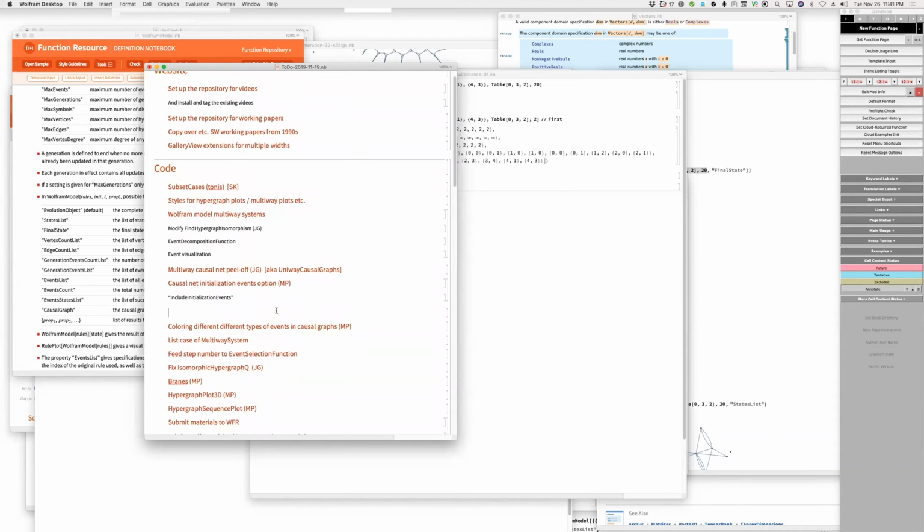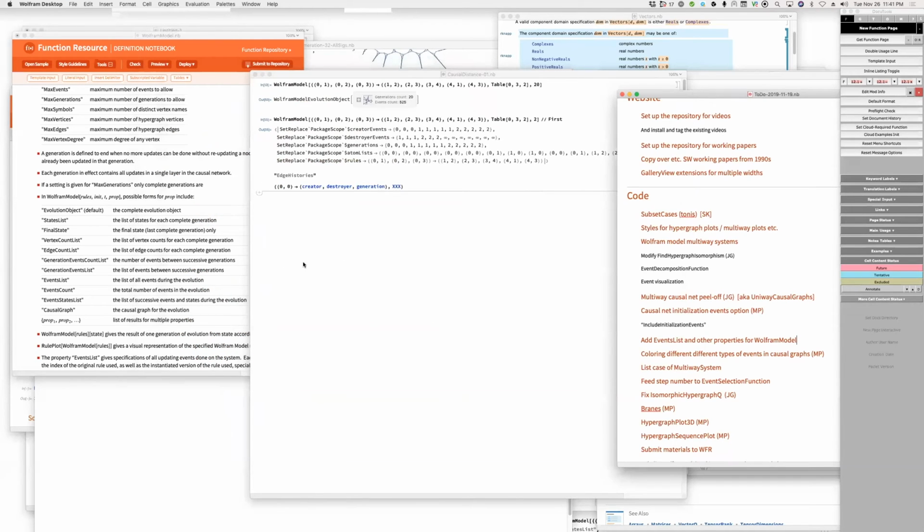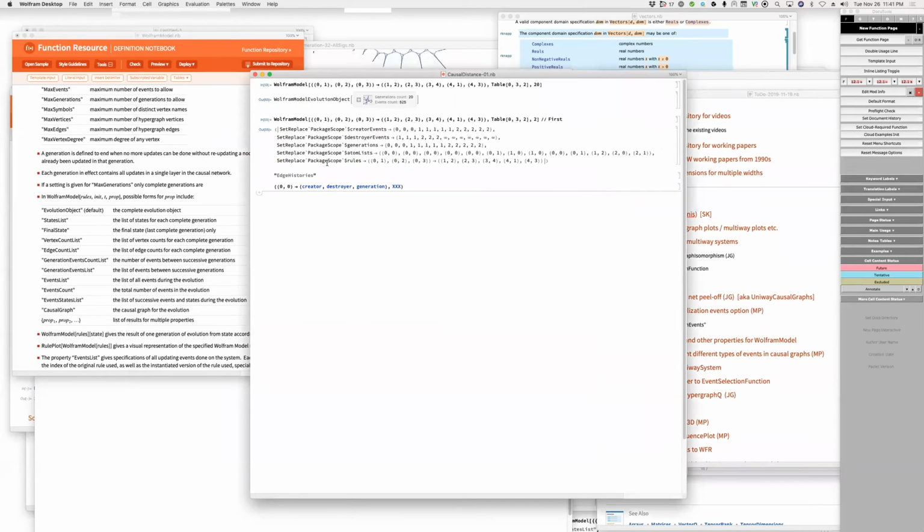Okay, so this, hold on a second. Let's just figure out the low-hanging fruit here. Well, the events count you can trivially compute, right?